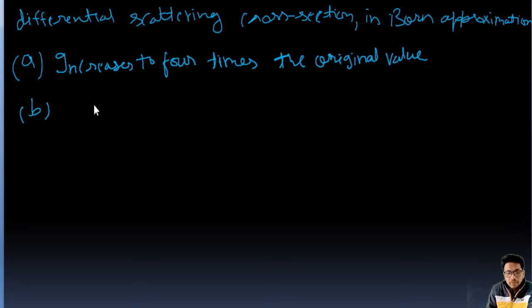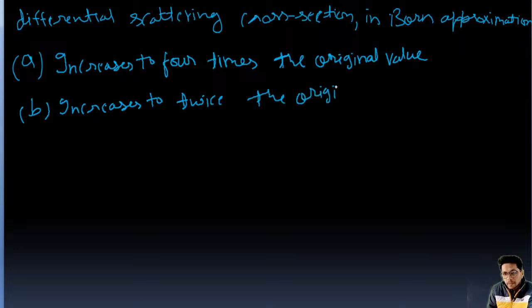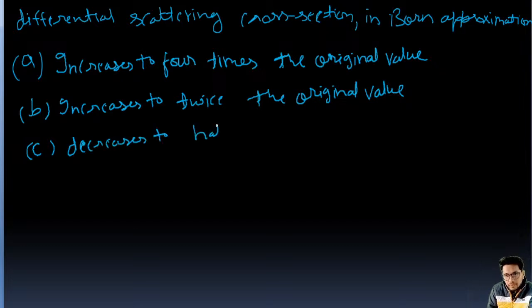Option B is increases to twice the original value. Option C is decreases to half the original value.